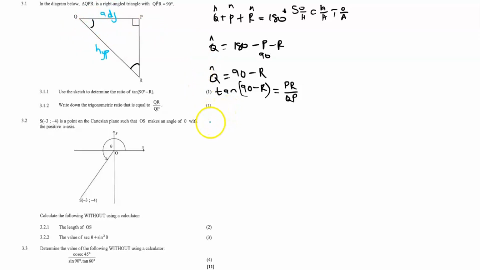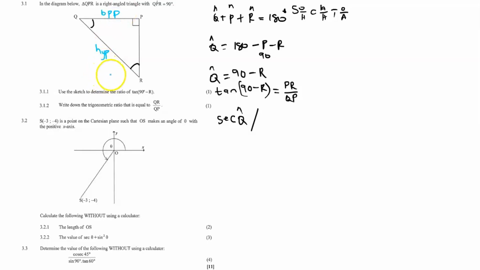So that means you can say, since it's hypotenuse over adjacent, that means it must be the reciprocal of cos. In this case, the reciprocal of cos is sec. So it's going to be sec of angle Q. Or if you are looking at it from angle R, you can see that now this QP is going to be the opposite.